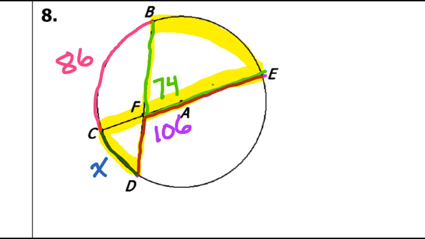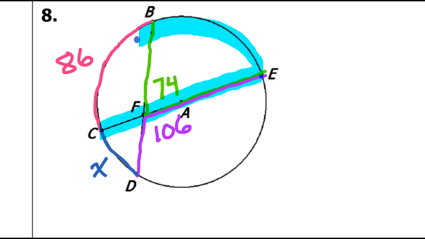All right, let me go back a step. I can find the question mark by realizing this blue line right here, A is the center, this is a diameter. That means the top part of this circle is a semicircle. So I should be able to subtract from 180 and find the missing arc.